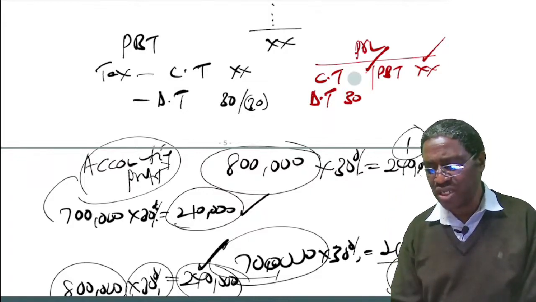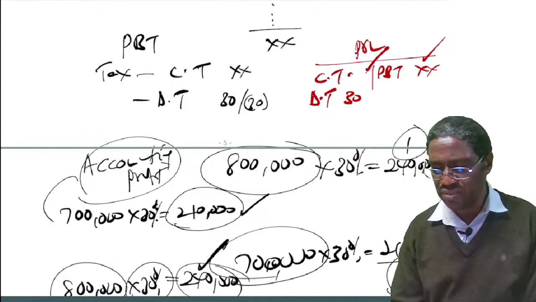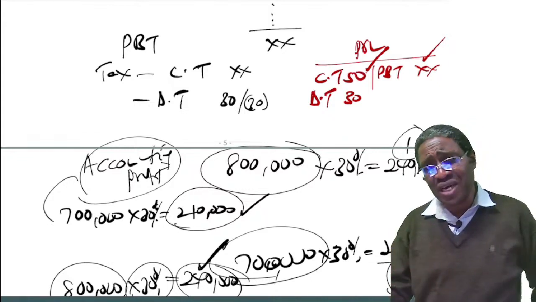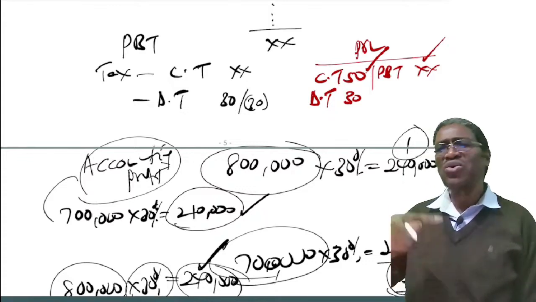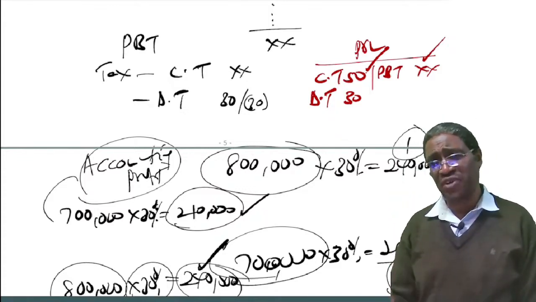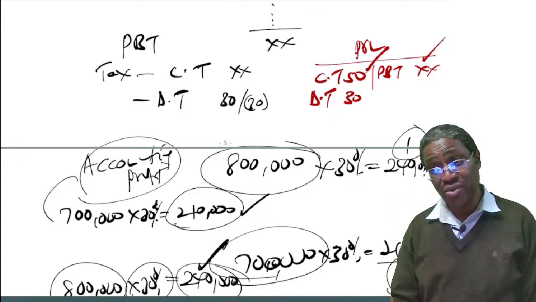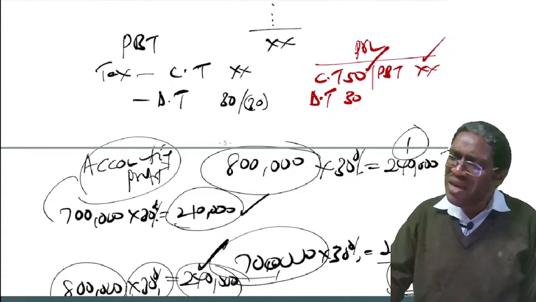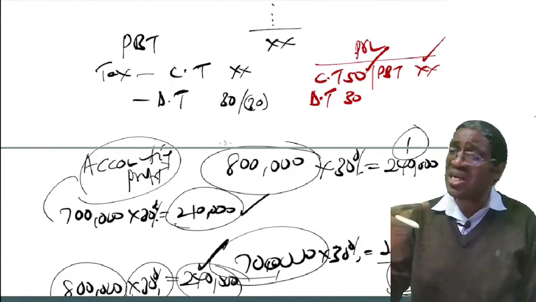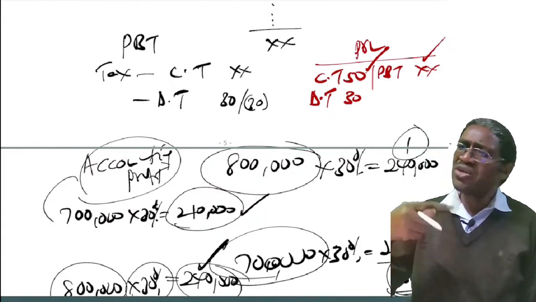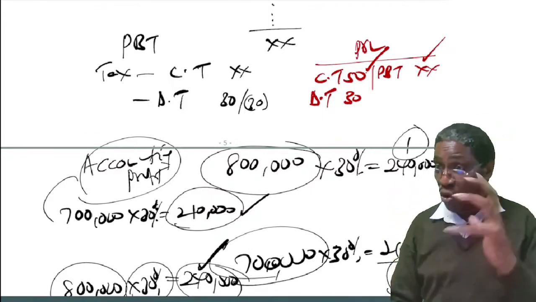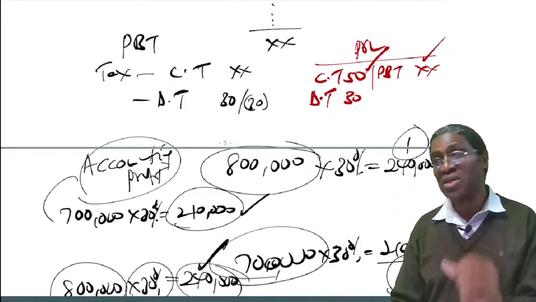Let us assume the current tax was 50 million. So you are debiting deferred tax of 30 when there is already a debit of another 50 in the P&L. The question is, by me debiting P&L account with 30, am I increasing the 50 or am I reducing the 50? It's obvious you are increasing the 50.